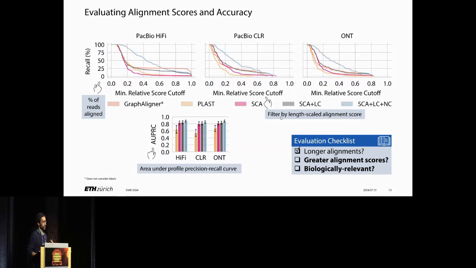But then if we introduce label change scoring and also our node length change operation, we see both an improvement in our scores measured here by an increase in recall, and we also see an improvement in the area under the precision recall curve, meaning that we are combining together fragments of biologically related samples using our operations.